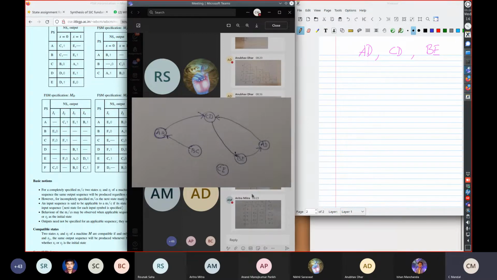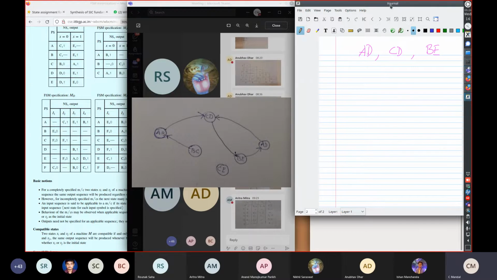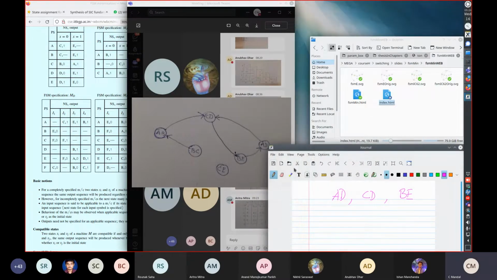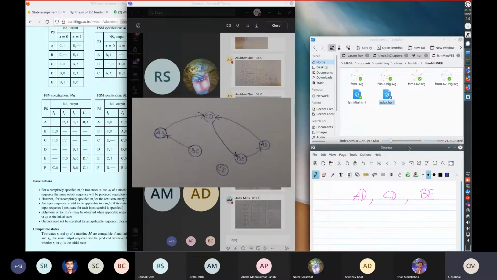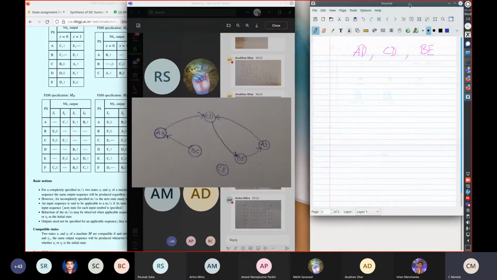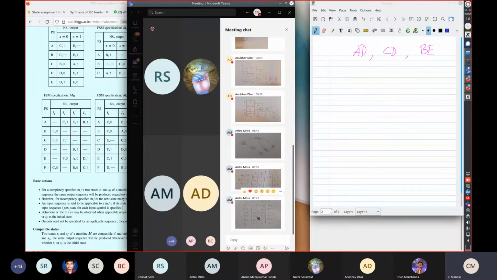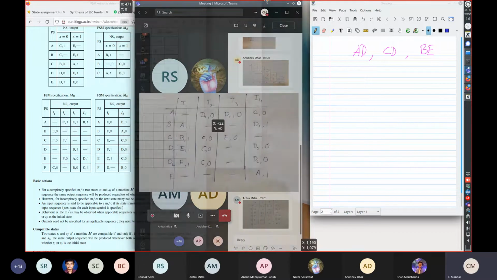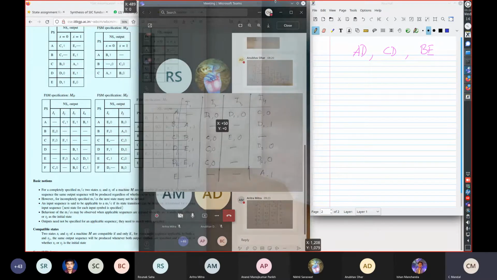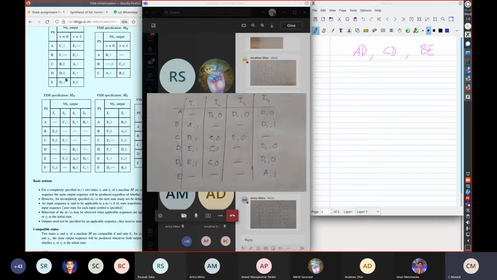So this is what we want to merge, and this is the intermediate merger table that he has posted.